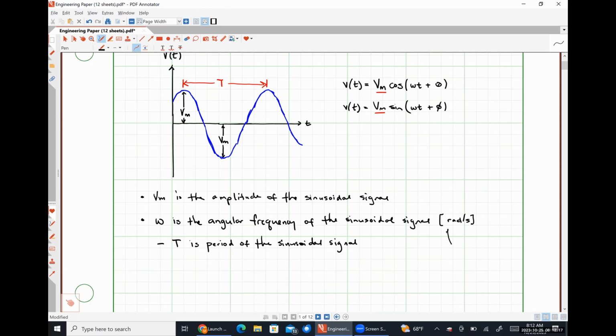And what that means is that it is the total amount of time it takes for one cycle to elapse, right?